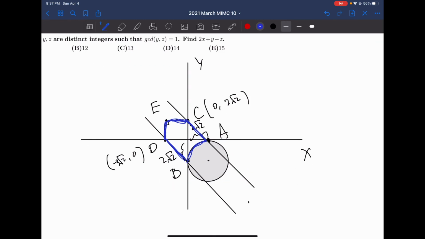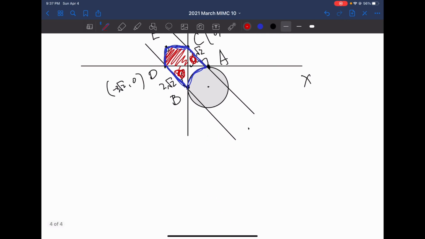So now we can clearly see that this problem can be solved using this circle. We can calculate this upper left area easily, because that would be 2√2 squared, which is 8. And this area can be calculated easily as well, because these two are equal and these two are 45-45-90 triangles.